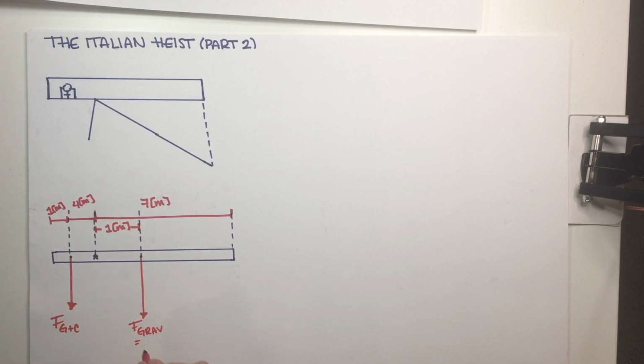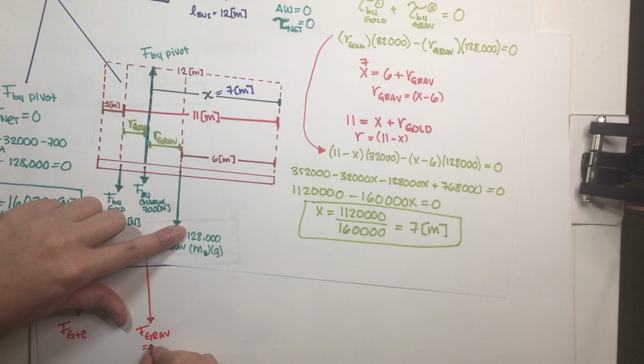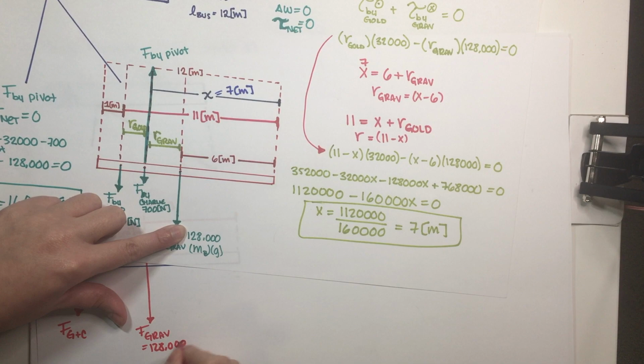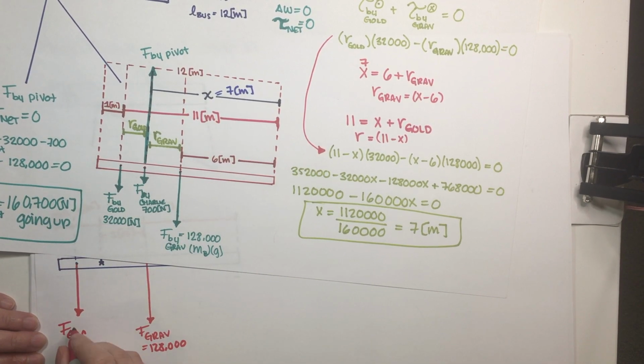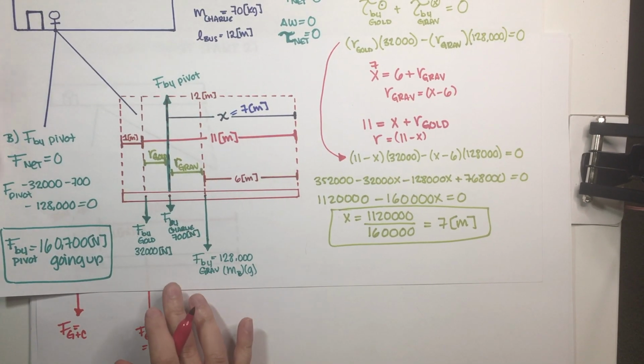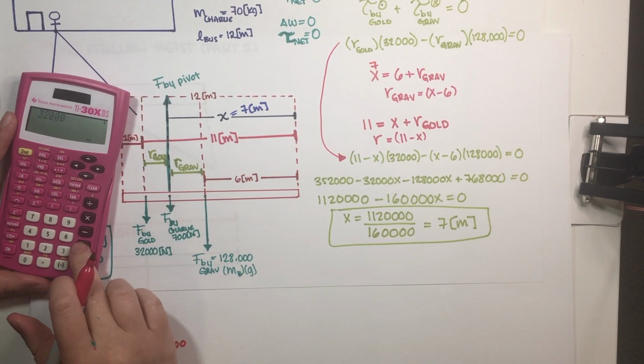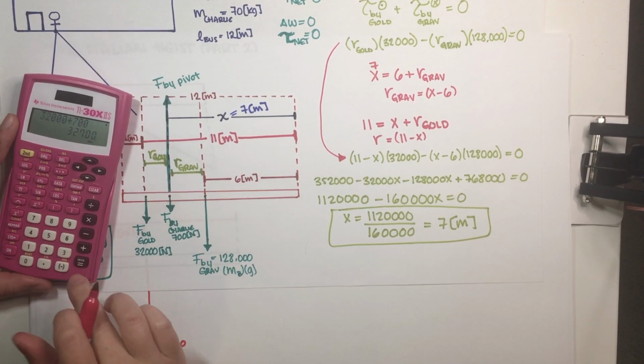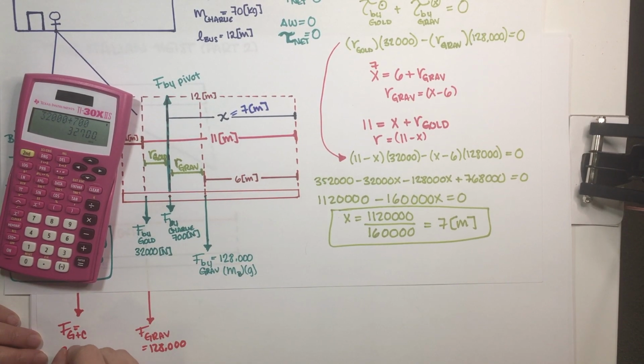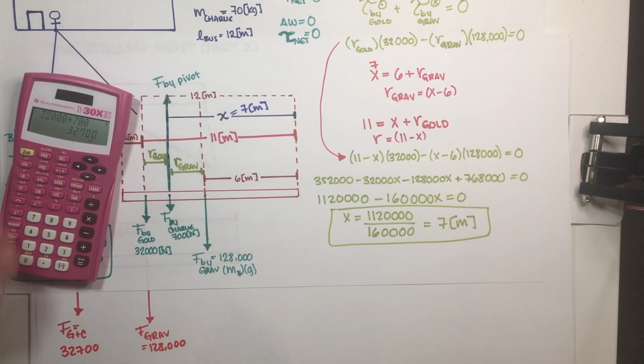Same as before, the mass hasn't really changed, so this is 128,000, and these two is just their combined weight. So I'm just going to combine their weights. That is 32,000 plus 700, so that would be 32,700.